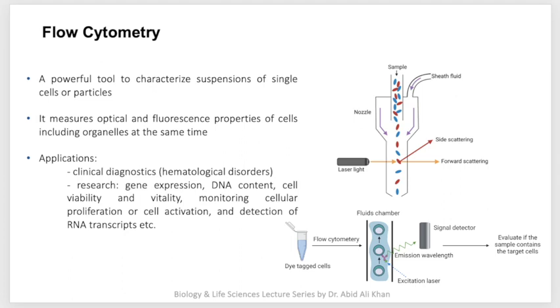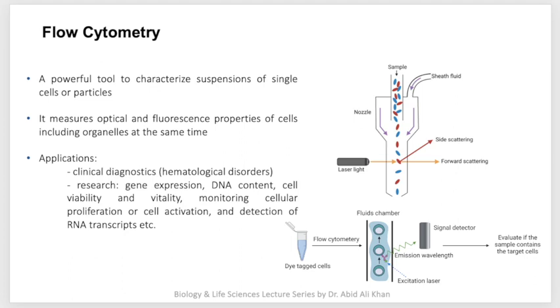The analysis in terms of cells would not only be about the morphology, which is actually the size, but also the internal complexity of the cells, in this case the organelles if it's a eukaryotic cell, and if it's not a eukaryotic cell, then what's inside the cell or what's inside these particles.